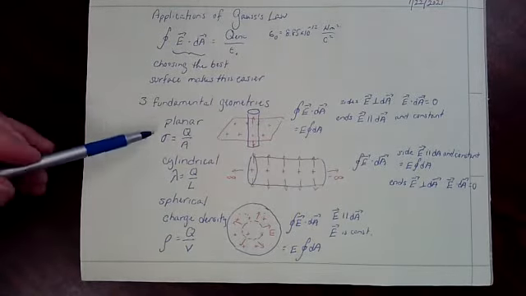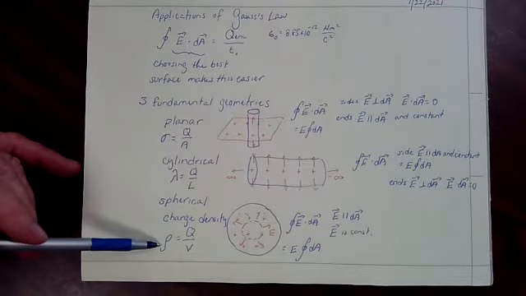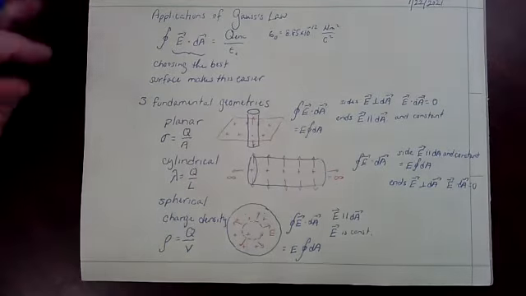These are the typical ways in which we represent how much charge is packed into that sample area that we're choosing for our Gaussian surface.